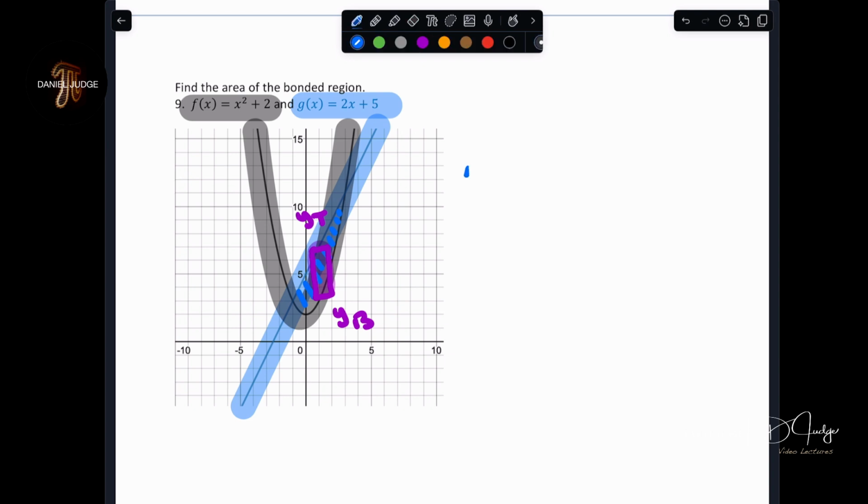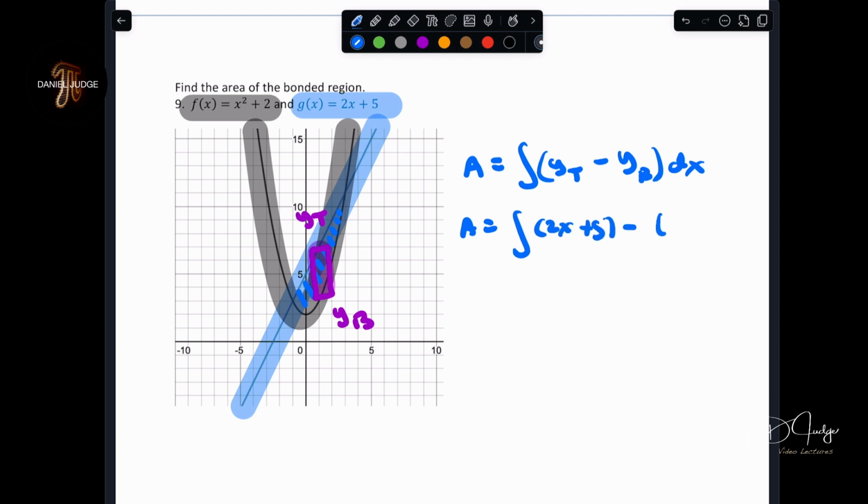So if we're going to get the area here between two curves, remember this. This is going to be the top curve minus the bottom curve. And so we identify the top curve to actually be the line, which is 2x plus 5, and we're going to subtract the parabola now because that's the bottom curve. And let's move this over.